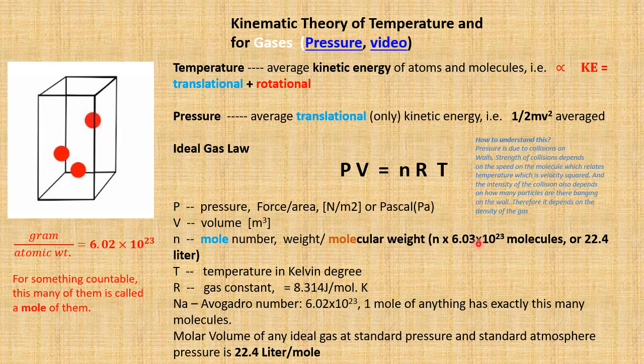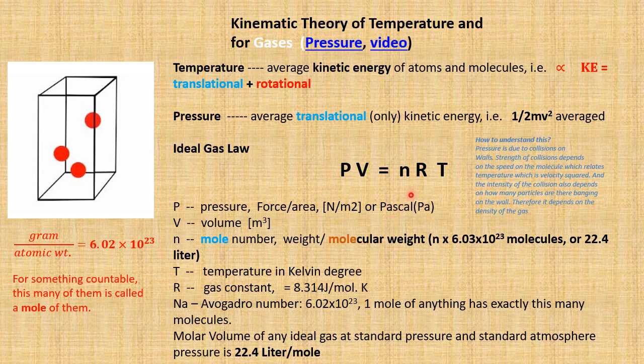The molecular weight of oxygen gas is 32, therefore the molar weight of oxygen is 32 grams. And so on. You simply turn the molecular weight into grams. In any case, 1 mole of anything has this number of molecules. Remember that firmly. And that number is called the Avogadro number.